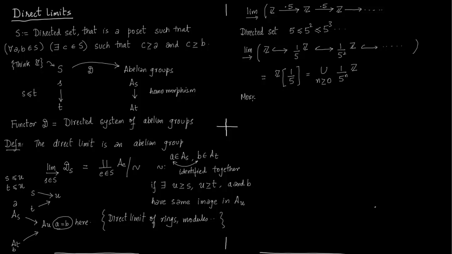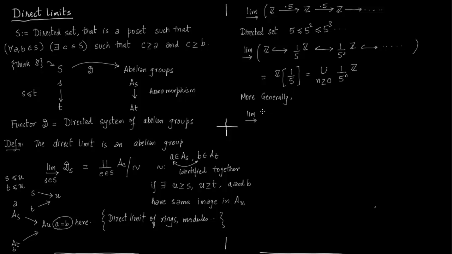So Z is embedded into Z[1/5], which is integers plus, so it is just building up. Z[1/5 cube] is integers plus all rational numbers with denominator 5, all rational numbers with denominator 5 square, all rational numbers with denominator 5 cube. Similarly, Z appended with 1/5 to the 4.